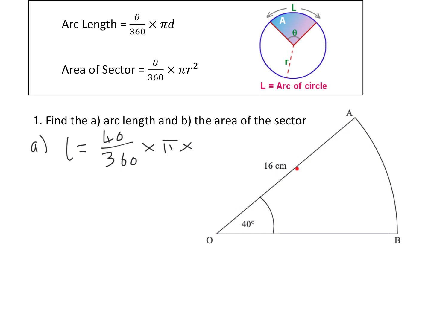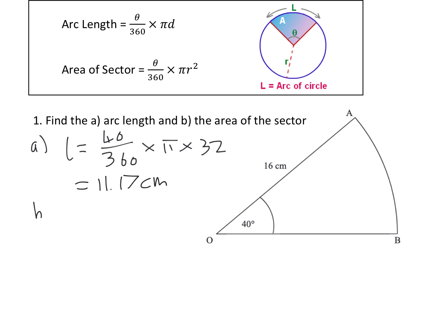It's going from the circumference into the center. The diameter would be double that, would continue on. So you have to double the 16 to get 32. So you put that in your calculator, 40 divided by 360 times pi times 32, and to 2 decimal places, you get 11.17 centimeters.